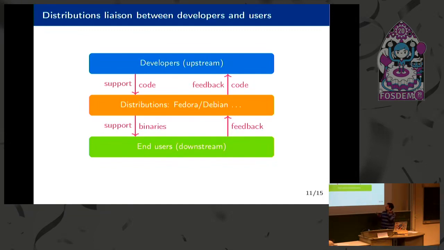Distributions like Fedora or Debian act as a liaison between the user and the developers. They provide feedback and report bugs to the developer as well. And it simplifies your installation and usage of any software tool that is being packaged.